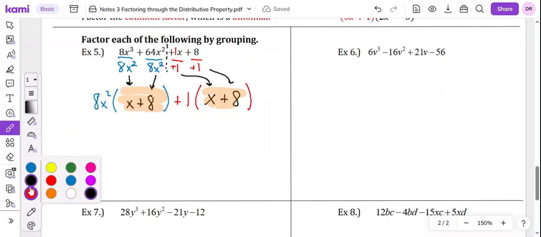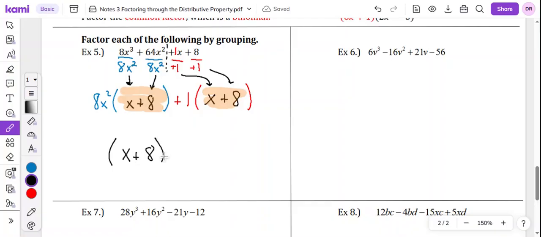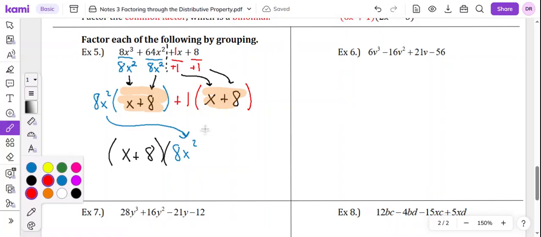Our last step of factoring here is we bring out this common factor that we see in each half, this x plus 8. And if we bring that to the front, once we take x plus 8 away from this blue half at the beginning, the only thing that would be remaining is 8x squared. Once we take x plus 8 away from the second half in red, the only thing that would be remaining is this positive 1.